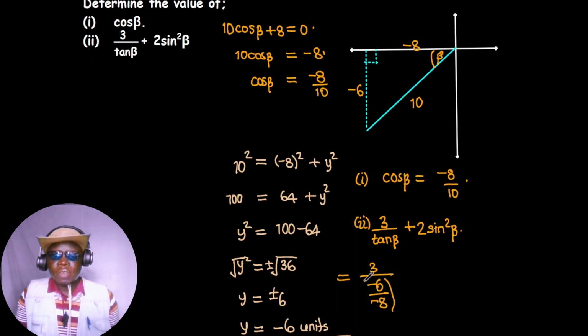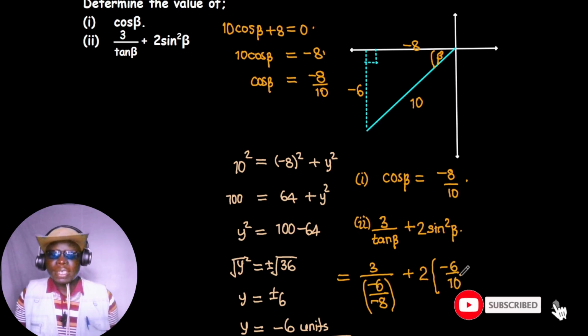So it's good to have this in bracket, and we add to it twice, and in bracket sine of beta is given by opposite over hypotenuse. Our opposite is negative 6 over hypotenuse 10.